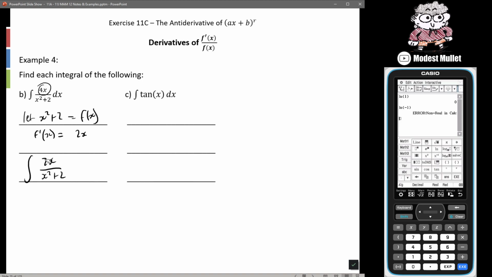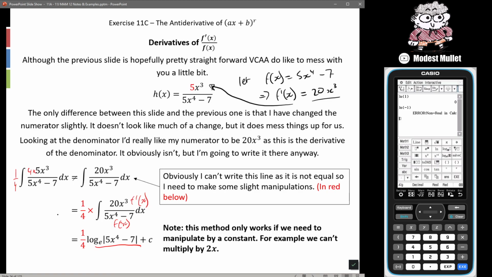Or I could almost think of taking it out as a common factor, so I could do 2 times 2x. That's what 4x is. That means I can now take this one out the front. So that's now going to be 2x on x squared plus 2. So a little bit different from this example because I had to multiply the 5 to turn it into 20.